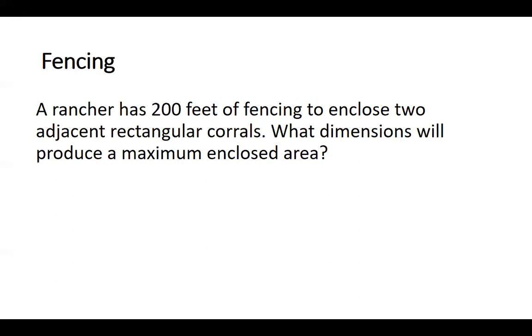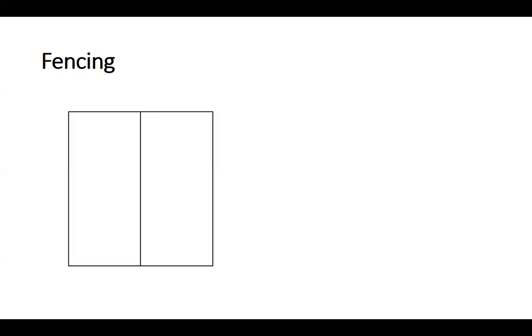So let's take a look at this and start into, okay, fencing. Now I'm going to find it much easier if I have a visual there. So I'm going to draw my 2 rectangular corrals. Right away, this helps me realize that we're sharing a fence line. So that middle fence line is going to count into both of those corrals, but is only going to count once towards my 200 feet.